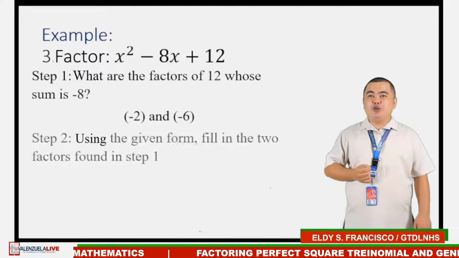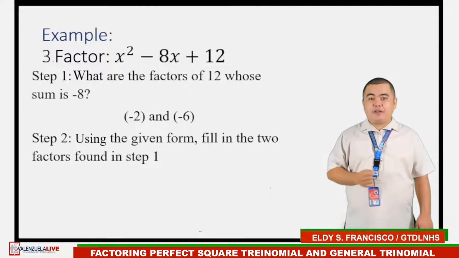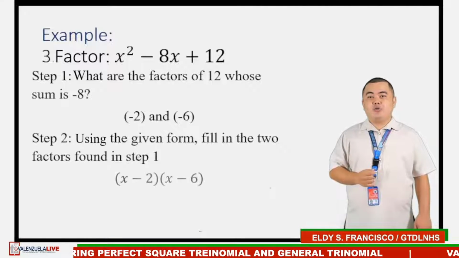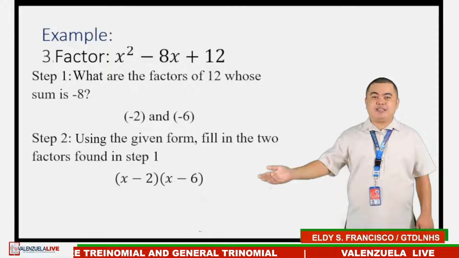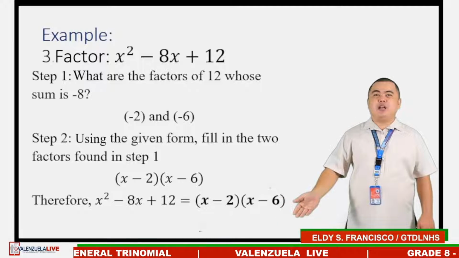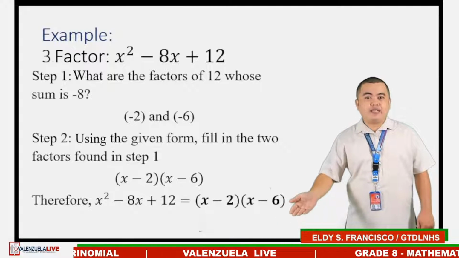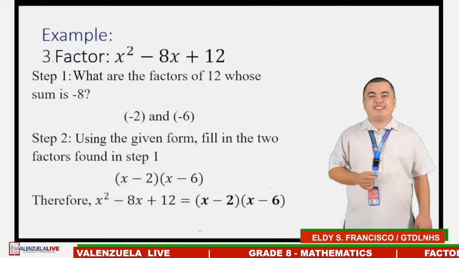And last step, using the given form, fill in the two factors found in step 1. So we will have now x minus 2 times x minus 6. Therefore, x squared minus 8x plus 12 is equal to the quantity x minus 2 times quantity x minus 6.